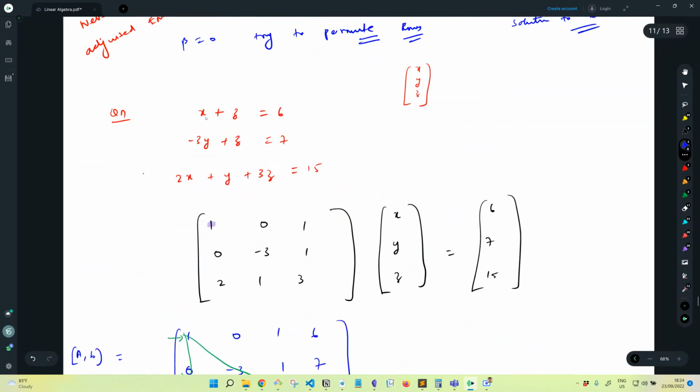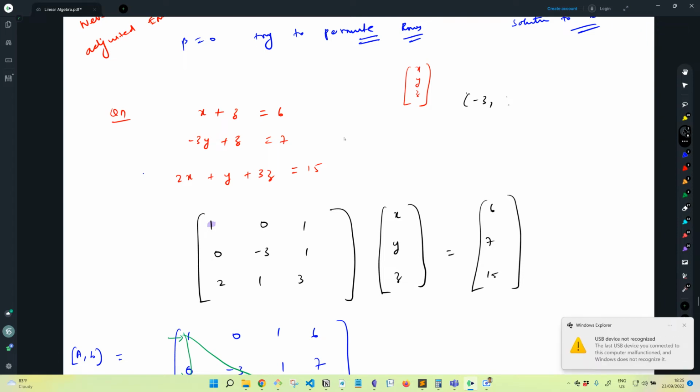Minus 3, 6, and if I substitute minus 3, minus minus 3 plus 9, yes, this is matching. I think the solution that we obtained is minus 3 comma 6 comma 9. Sorry, my pen is creating trouble. So minus 3 comma 6 comma 9, right?